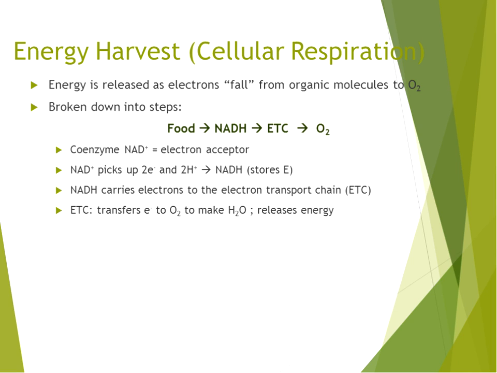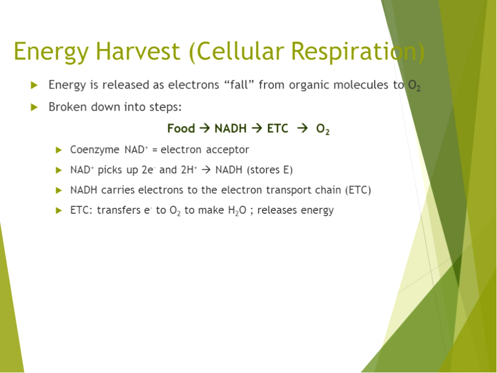So the main overall steps are you have your food, which is the glucose, NADH, which is an energy transferring compound, the electron transport chain, that's what ETC stands for, and then the oxygen, which is the final acceptor of the electrons. And by getting to that point is where the energy gets released.